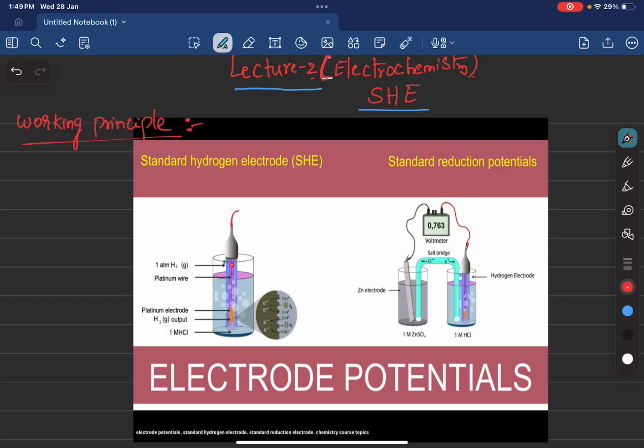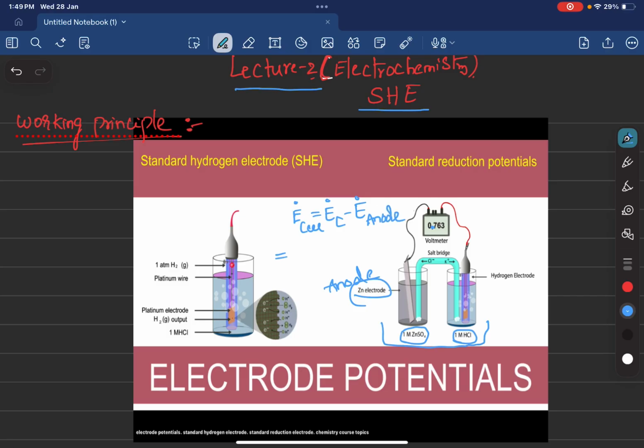Here we are connecting a Zn electrode with the hydrogen electrode. Zn acts as anode because Zn is more reactive than hydrogen, and after some time the electrode potential difference that exists between these two is 0.763. According to the E0 cell formula, E0 cell equals E0 cathode minus E0 anode.